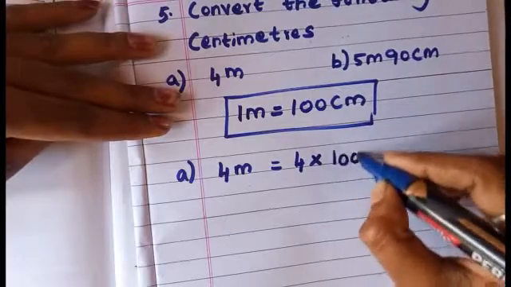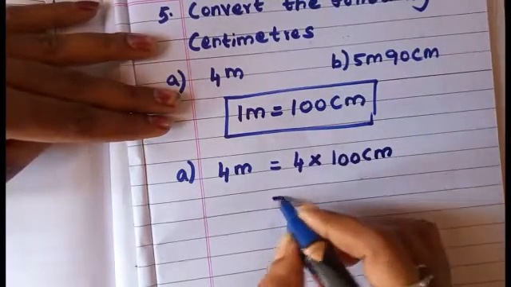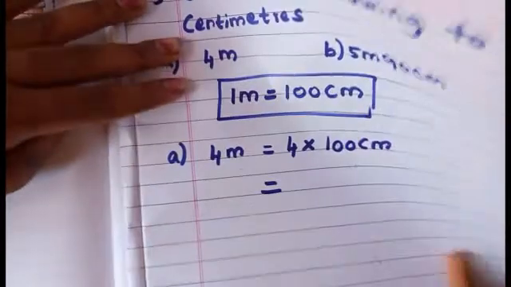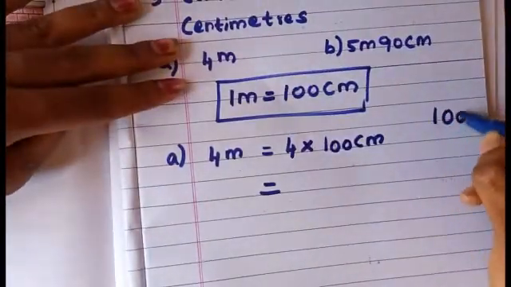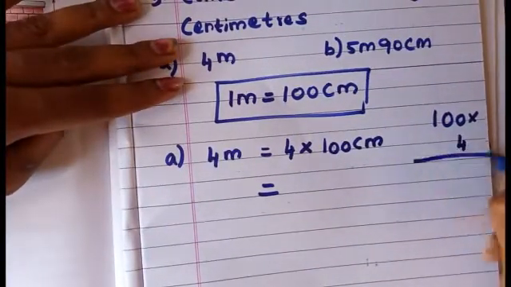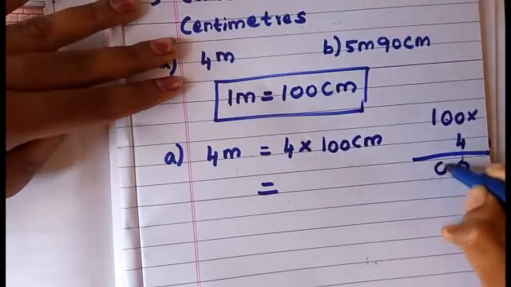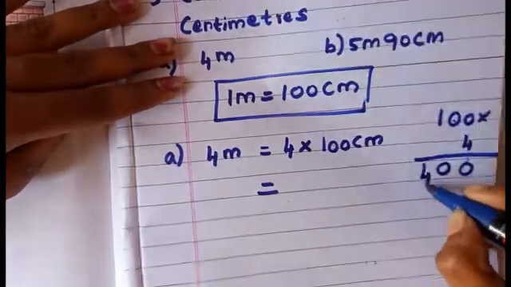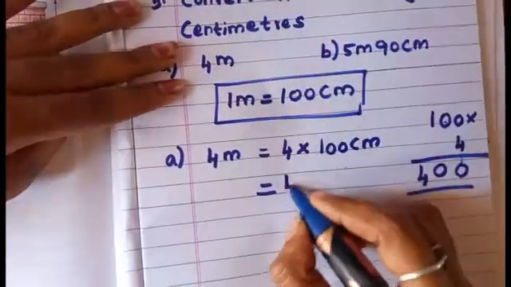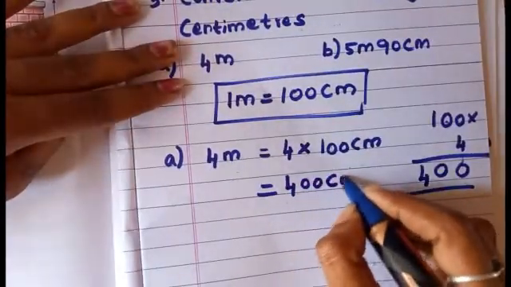So you have to write 100 centimeter. Is equal to 4 into 100. If you are multiplying 100 into 4 means what? 0 into 4, 0. 0 into 4, 0. 1 4 is 4. So 4 into 100? 400 centimeter.